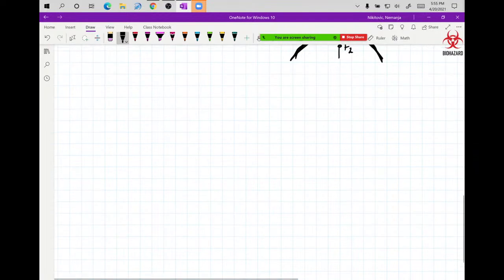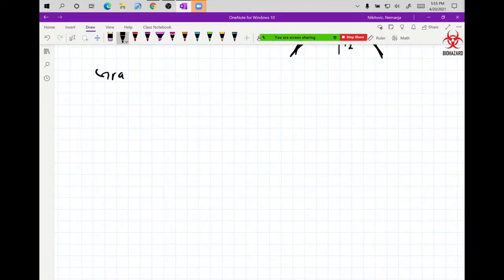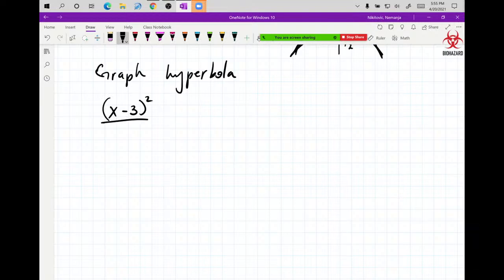Let's take a look at the shifted graph, a hyperbola given by x minus 3 squared over 25 minus y plus 1 squared over 9 is equal to 1.